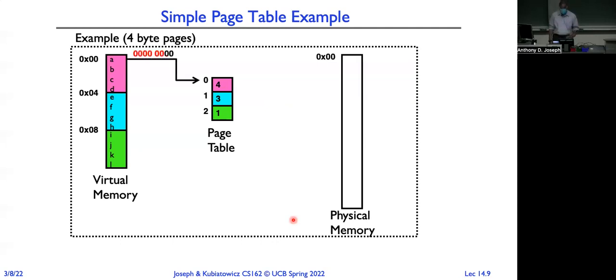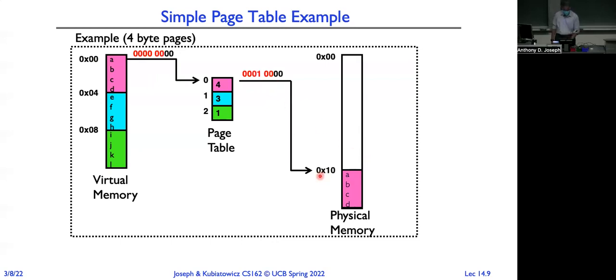Okay, so the rest of our address will be our virtual page number. If we look at address 0, that's going to be virtual page number 0. If we look in our page table, we'll see it's at physical page 4, which we'll write out in binary. That's 100.